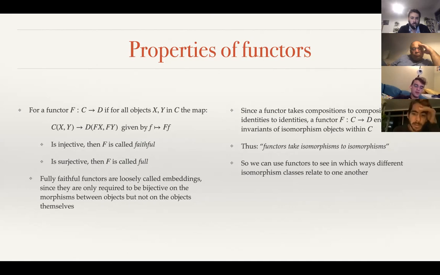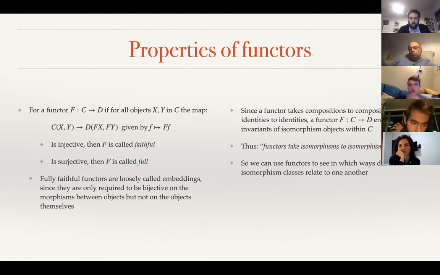If it's fully faithful, it doesn't have to collapse them together. If it's not faithful, it can give you extra constraints on your set of morphisms, and it can also identify morphisms with one another. But the important thing is that functors take isomorphisms to isomorphisms, which means that a functor preserves whether two objects are the same or not.